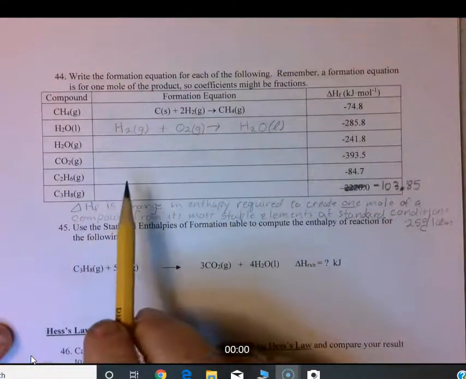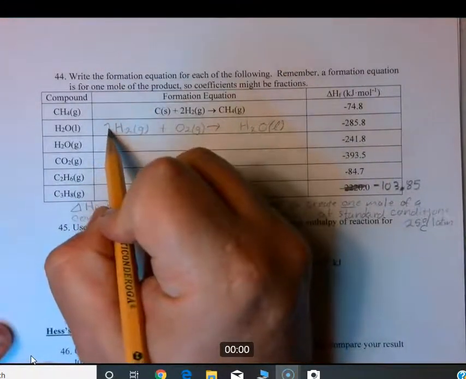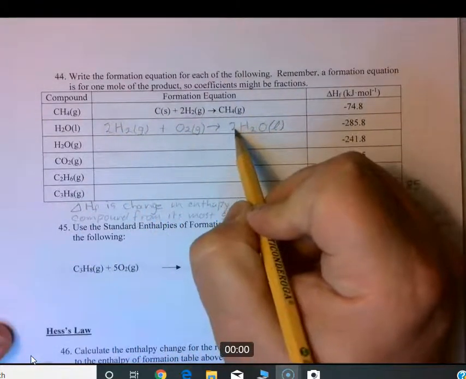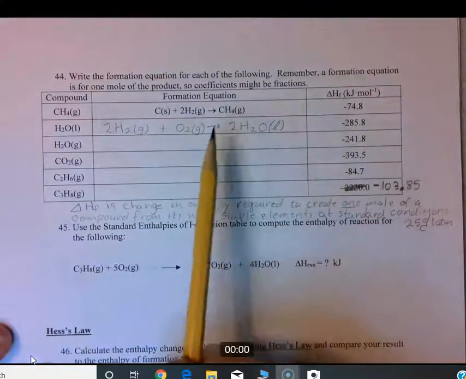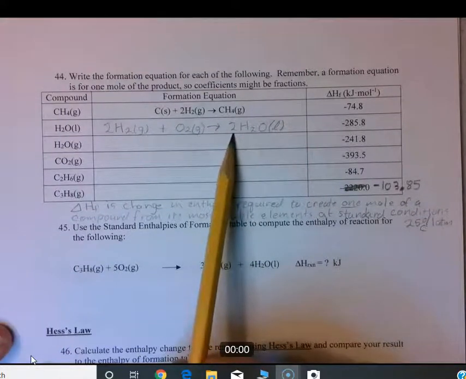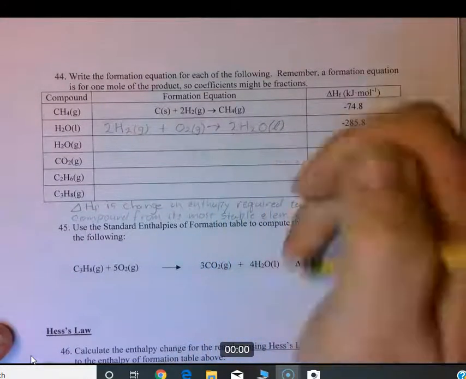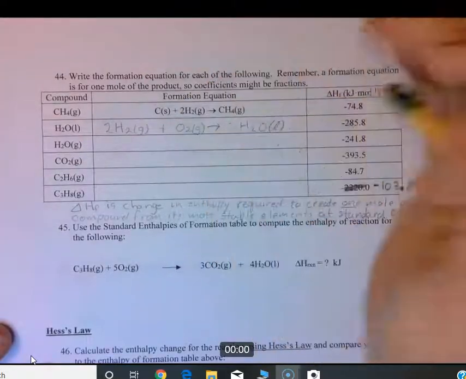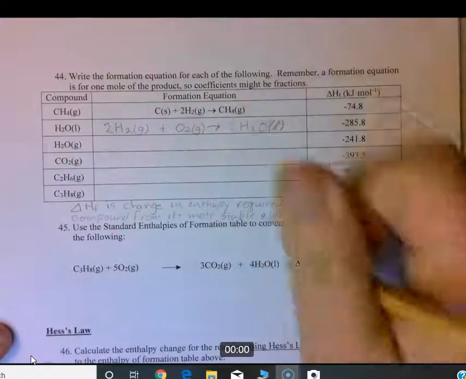Okay, and now if we balance this equation, we get 2H2 plus O2 gives us 2H2O. However, the definition states it has to be for 1 mole. So what we're going to do is erase this and turn it into 1 mole. In order to do that, we have to divide everything by 2.